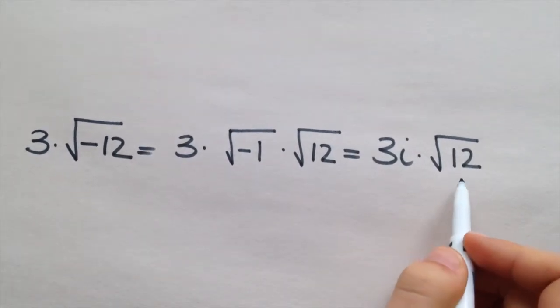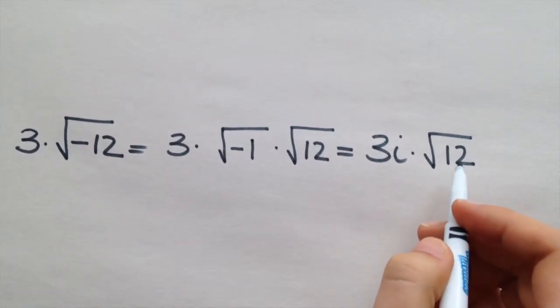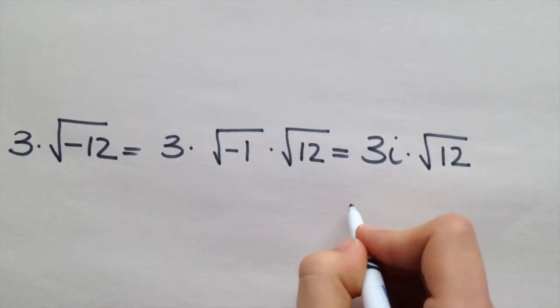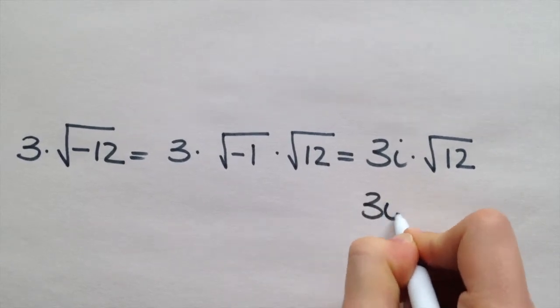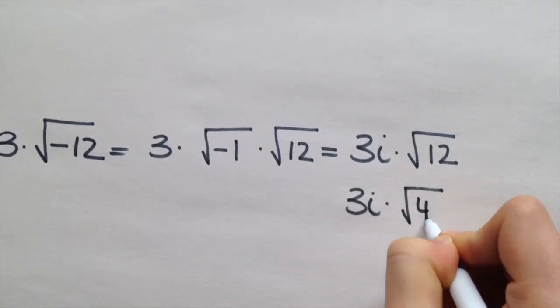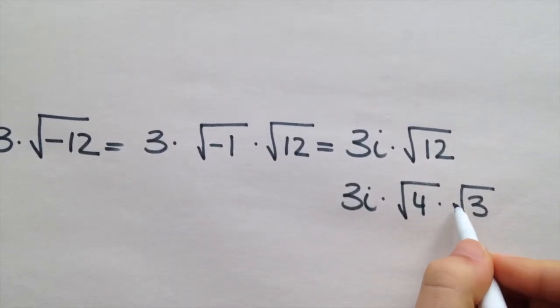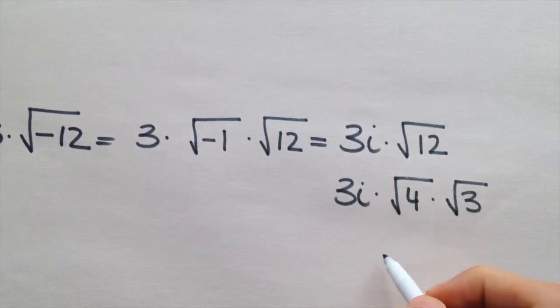But we won't keep the root of 12. We will simplify it further, and so we'll take it down to square root of 4 times the square root of 3, right? Because the square root of 4 times the square root of 3 is square root of 12.